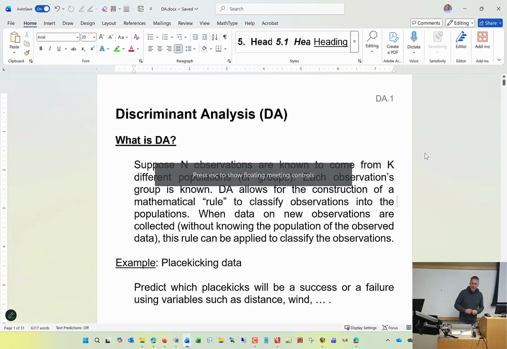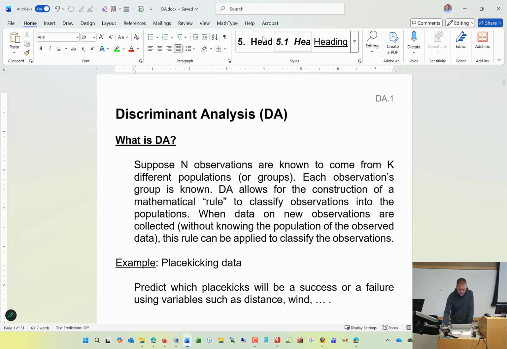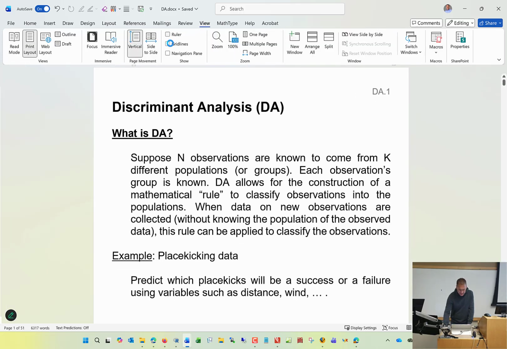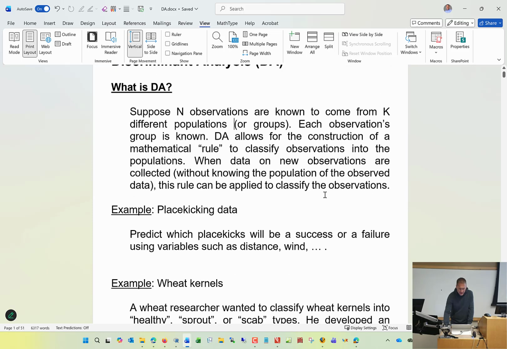So we're going to talk about discriminant analysis. Basically for pretty much the rest of the semester, we're going to be talking about the following scenario. Suppose you have n observations, and these observations come from known groups. In a statistical context, we can think of this as known populations.